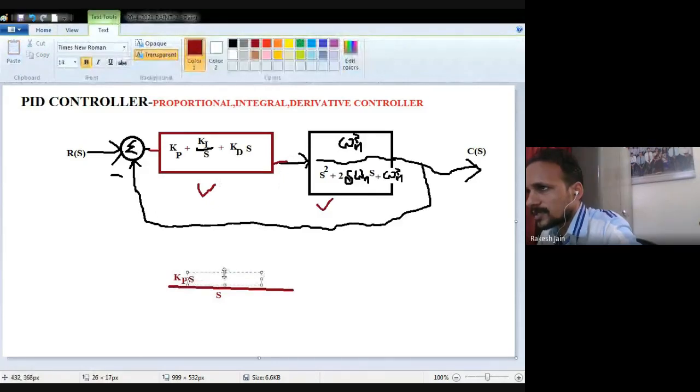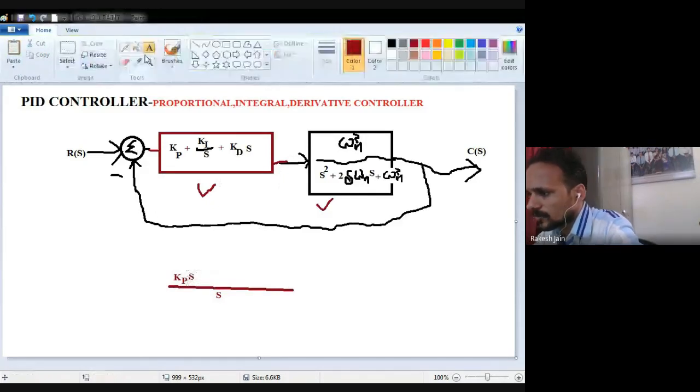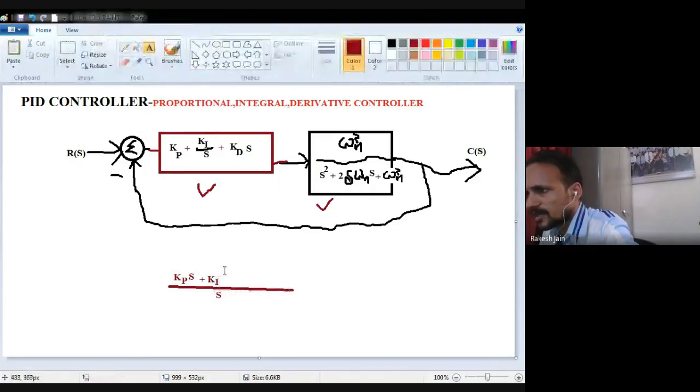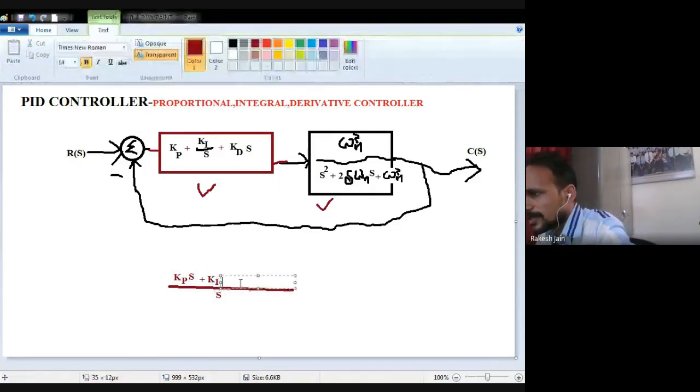Then Ki will be as it is because s is present in the denominator, so the second term is Ki. Then the third term is Kd s, which is multiplied by s, so it will be Kd s square.